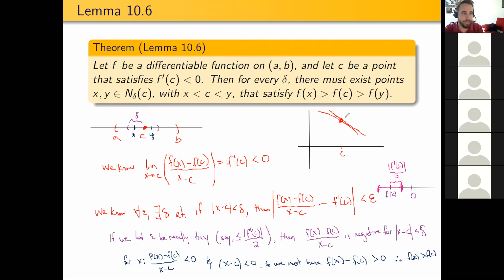And as it decreases, we expect to be able to find x values and y values on either side such that f of x is just a little bit taller than f of c, which is just a little bit taller than f of y. And so we have this nice technical argument that describes the picture we have in our head as well.